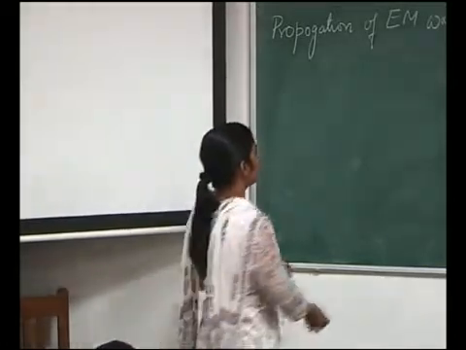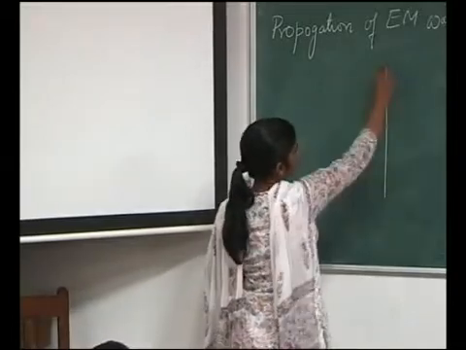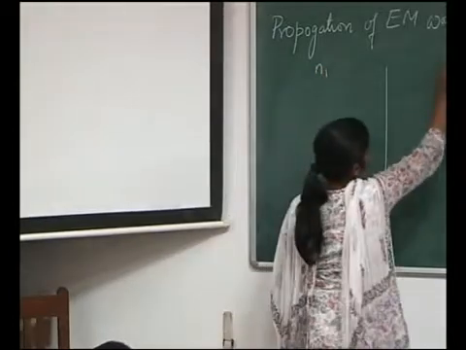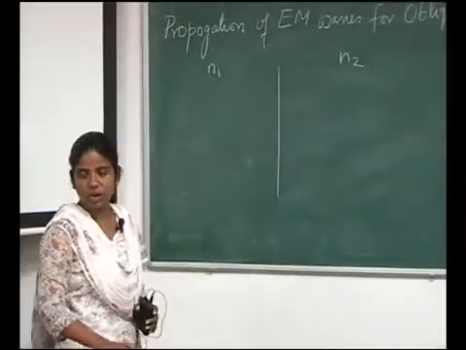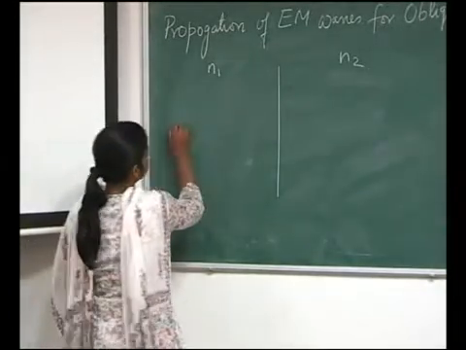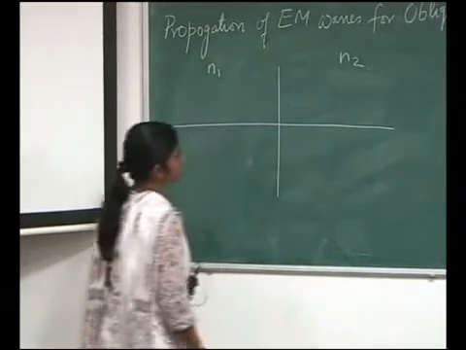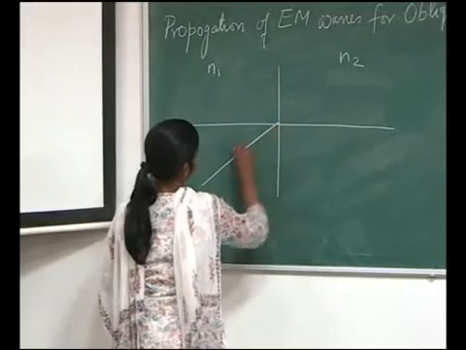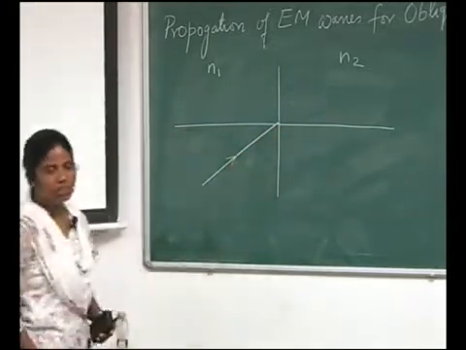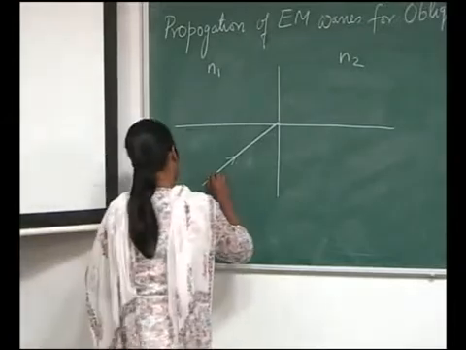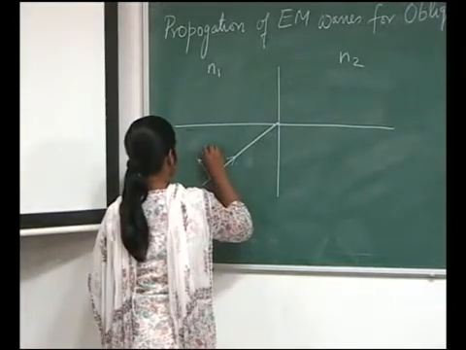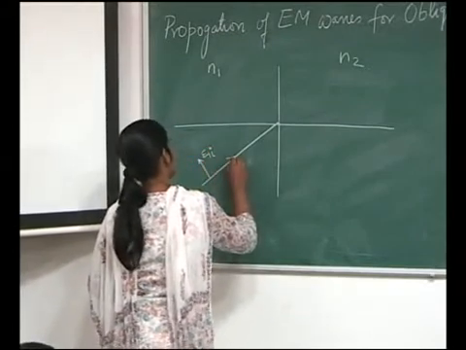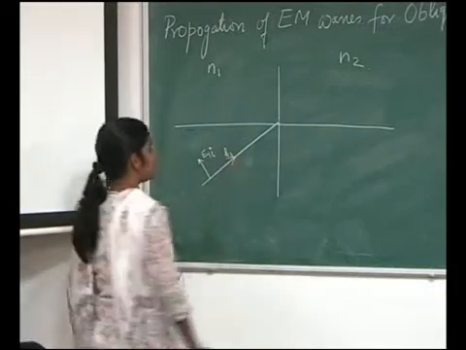As we took in the last case, we have an interface. Here I have a medium with dielectric constant N1, and here I have another medium with dielectric constant N2. Now suppose the wave is incident in this direction, and this is the incident electric field vector E1I, and this is the propagation constant K1.